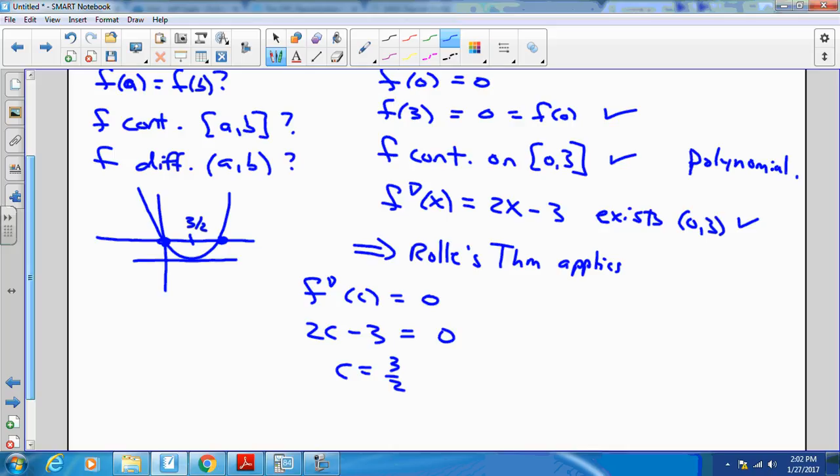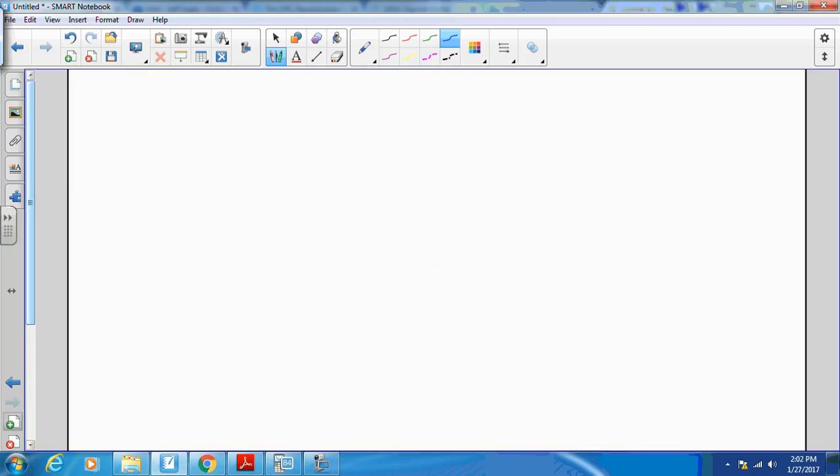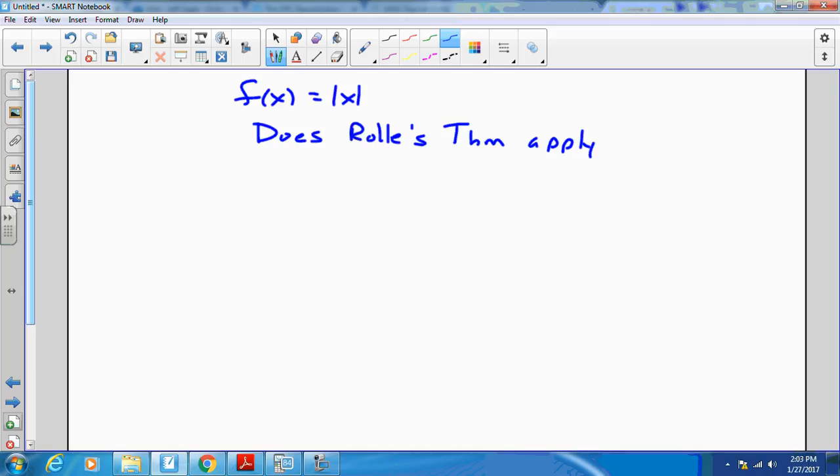Now, I want to consider a couple of other possible functions here. Does Rolle's theorem apply to, let's make it g of x, since that f was a different function, g of x equals the absolute value of x?